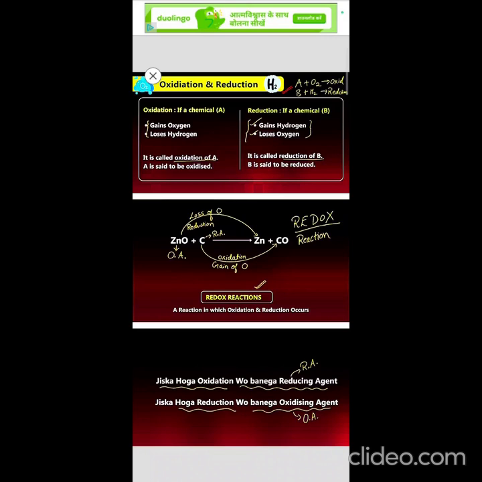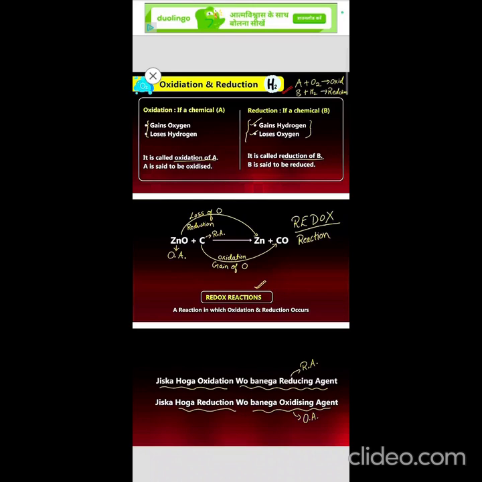Another two important terms are oxidizing agent and reducing agent. The element which is reduced is known as the oxidizing agent.